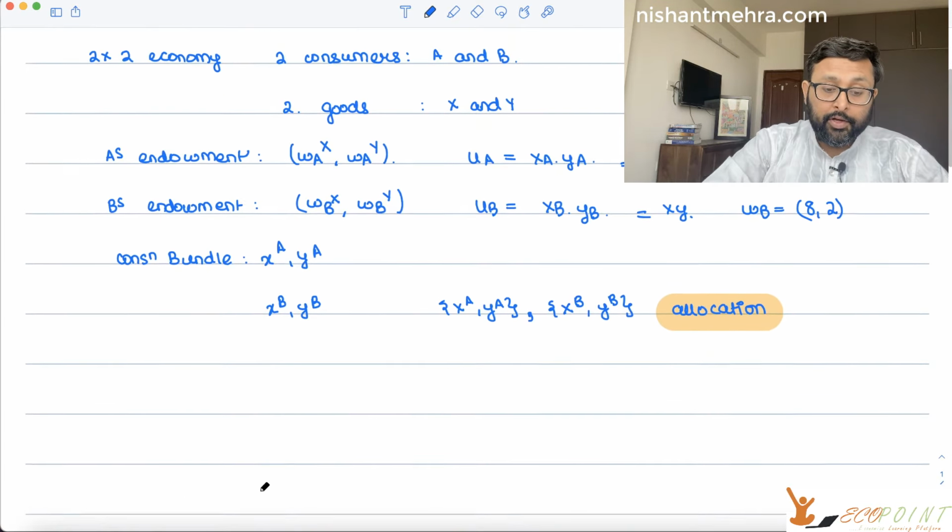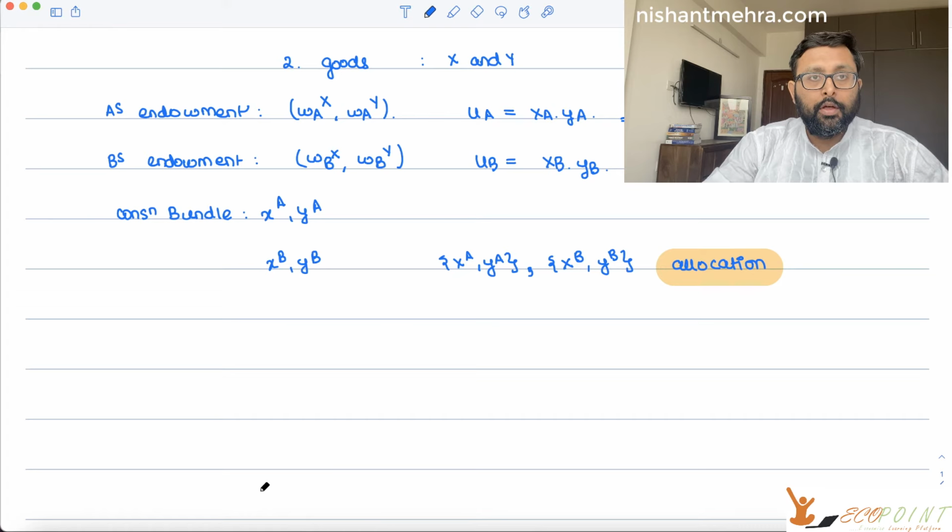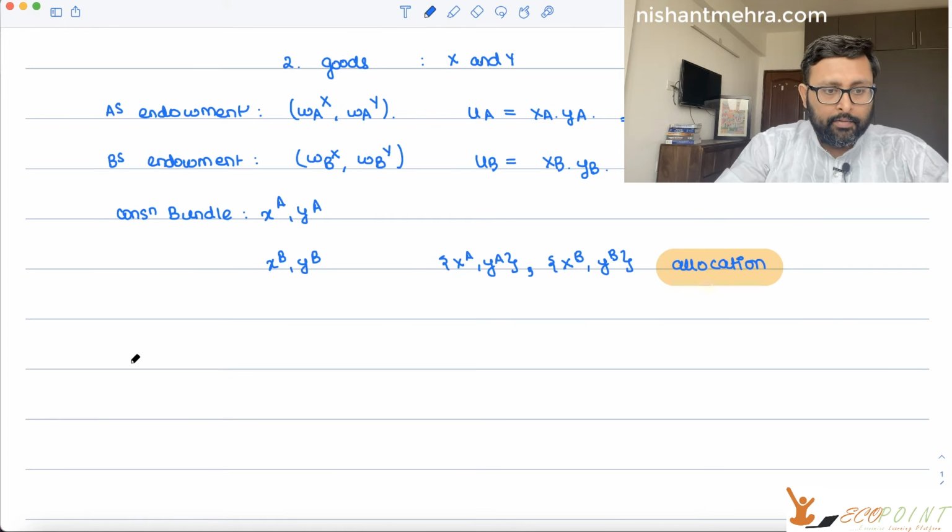What is a feasible allocation? A feasible allocation is one where the total amount of X which is demanded is equal to the total supply of X. What is the amount of X which I am demanding? XA. What is the amount of X you are demanding?